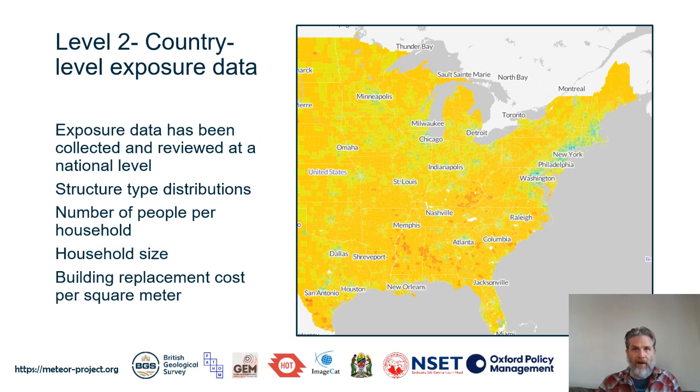So obviously, if you release level 2 and say a specific municipality is trying to make decisions, the losses and results that you get from a level 2 analysis may or may not be appropriate.